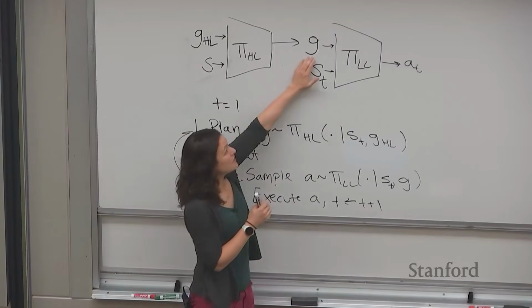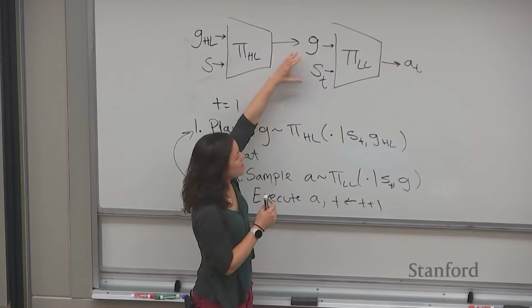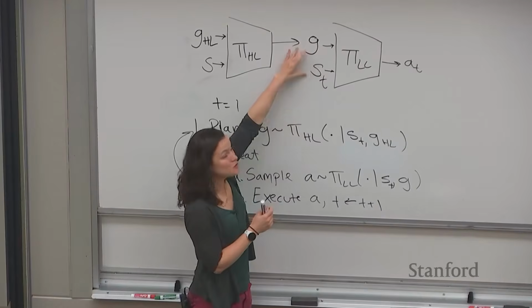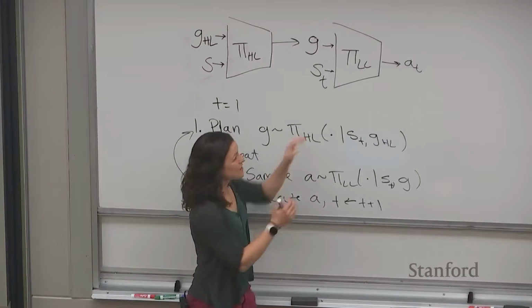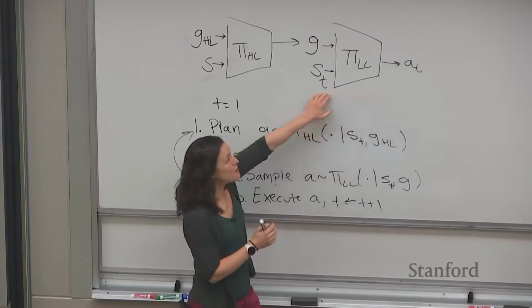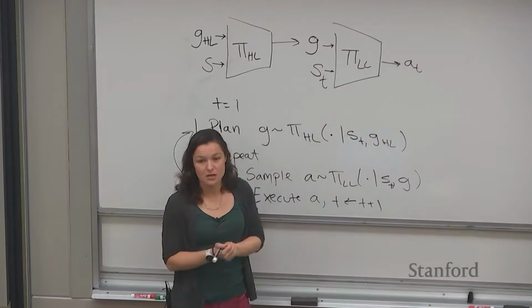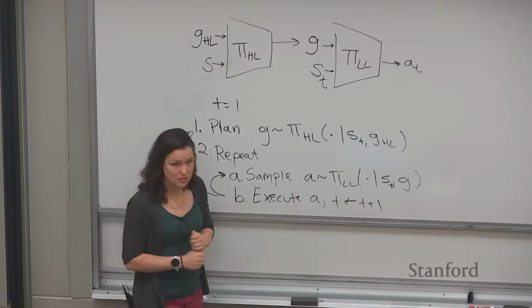Because, for example, it has this goal as input, it's targeting a particular subtask. And if two subtasks are quite similar to one another, then this policy will be able to share data across those tasks in order to learn more efficiently, compared to if you were just to try to train a single policy across the long horizon task.